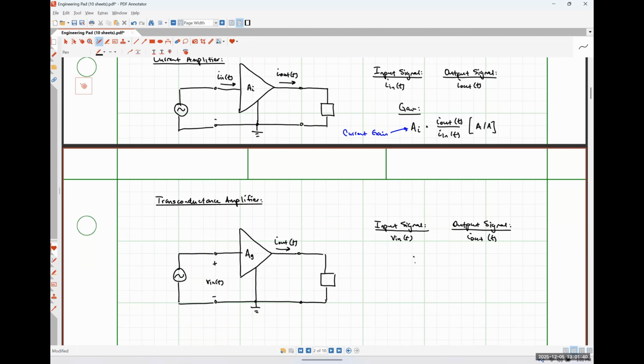And our gain, A sub G, is going to be simply I out divided by, excuse me, I out divided by V in. My apologies. So this will have units of amps per volt. And this will be our transconductance gain.